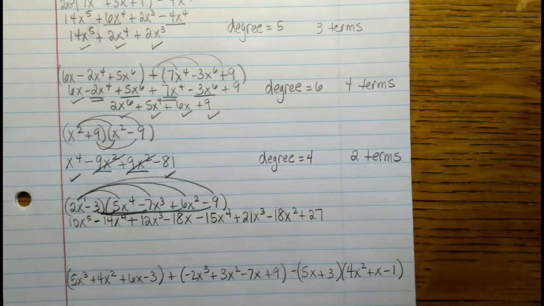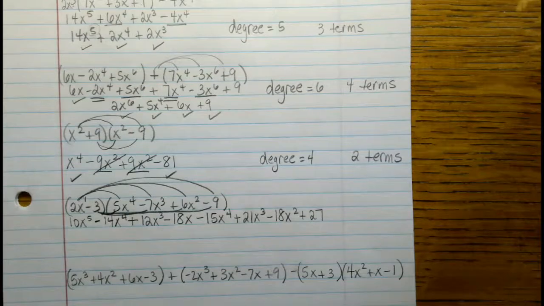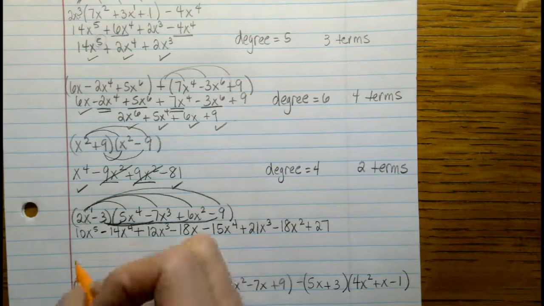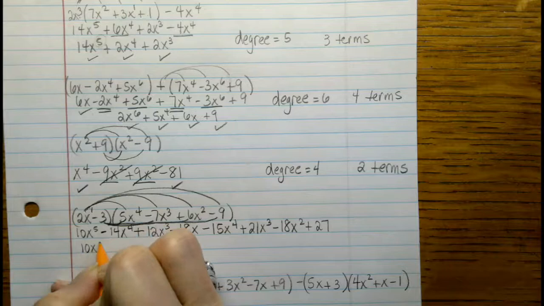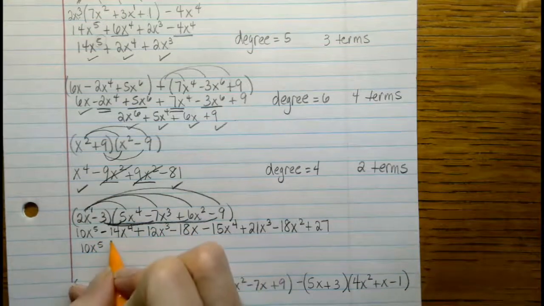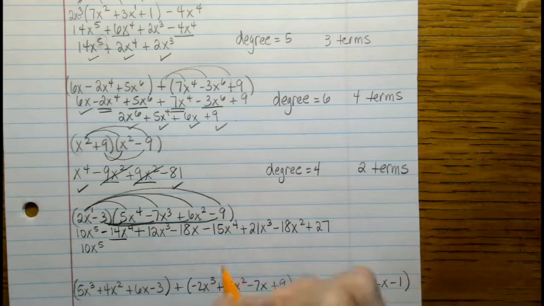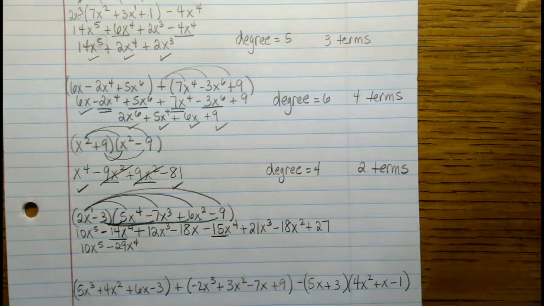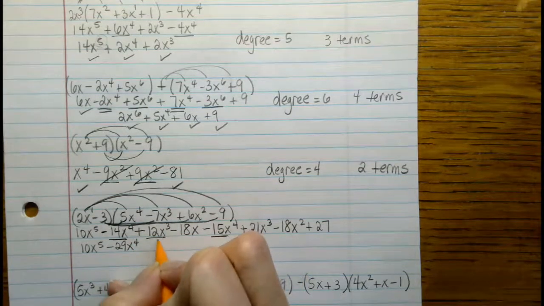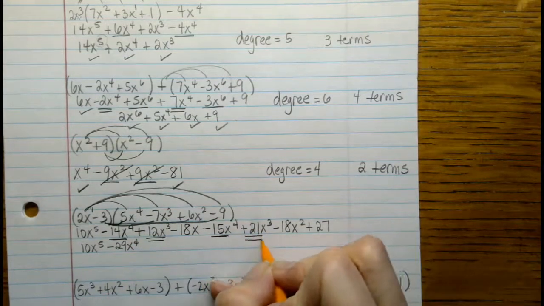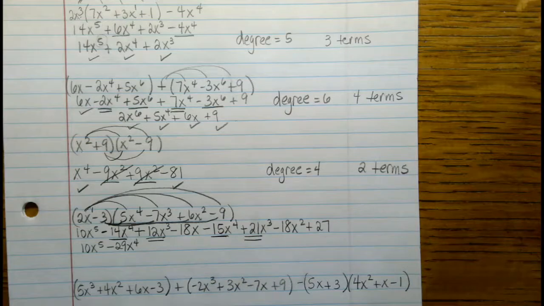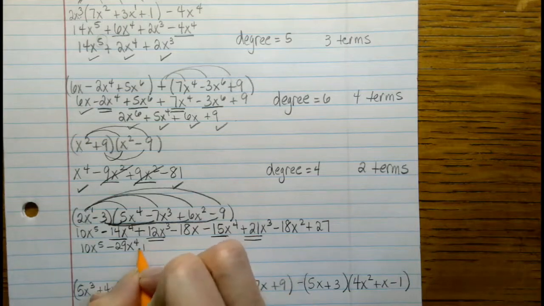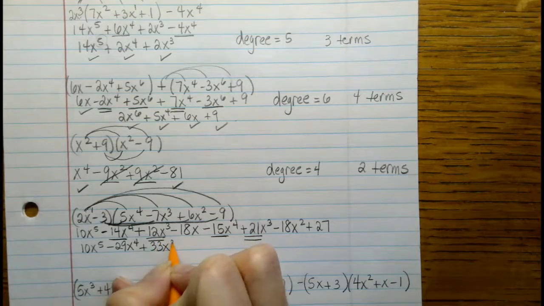So now we can go back and we can combine like terms. And 10x to the fifth doesn't have anything alike. We've got minus 14x to the fourth and minus 15x to the fourth, which is minus 29x to the fourth. We have positive 12x cubed plus positive 21x cubed, which is positive 33x cubed.